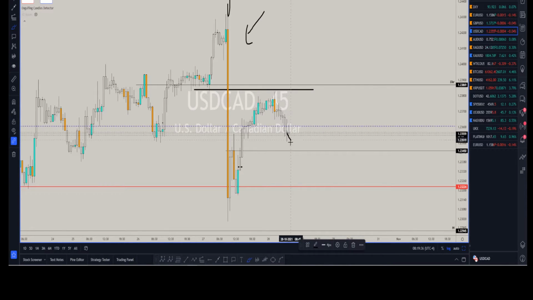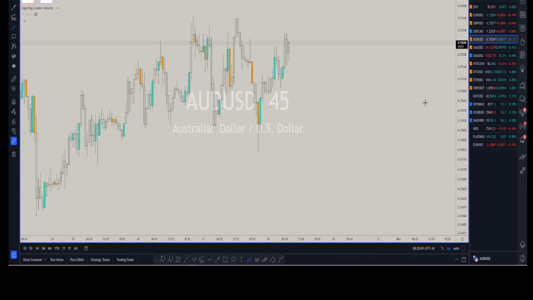I'm looking for a retest of it and more up to come towards this area, maybe continuation of the up move, but for the time being that's what I'm looking at. Down move, then back up after retest of this area. I'm not trading. If I see a nice rejection from here, I might take a small position just for the heck of it, but I'm not planning to enter any major positions. I already closed my week from yesterday's moves.